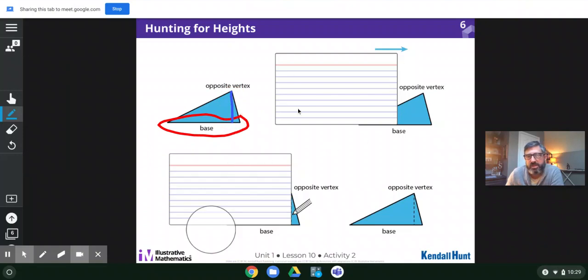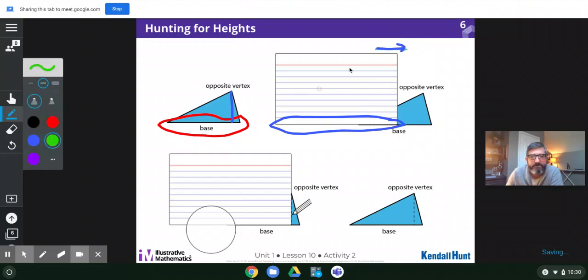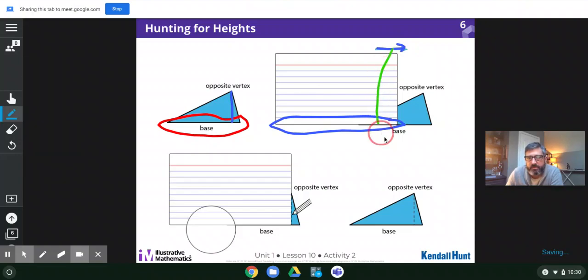If we're using an index card, we just lay that on the table and then we slide it across the base. We slide this side of the index card along the base, and you see that arrow there. We slide it that way until this side of the card is lined up with our opposite vertex.